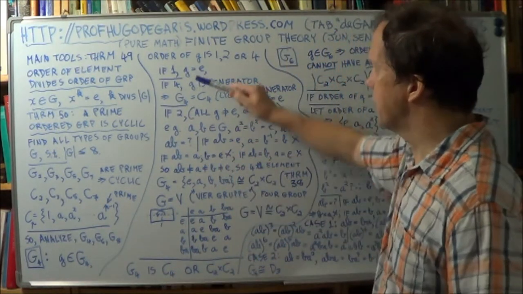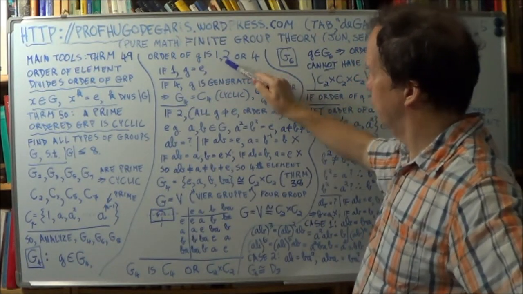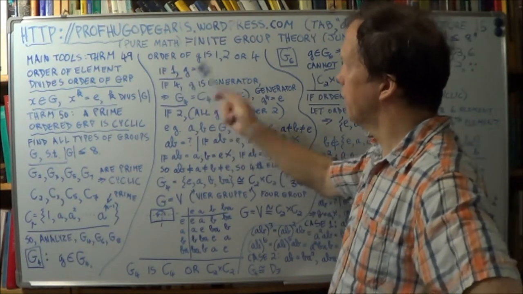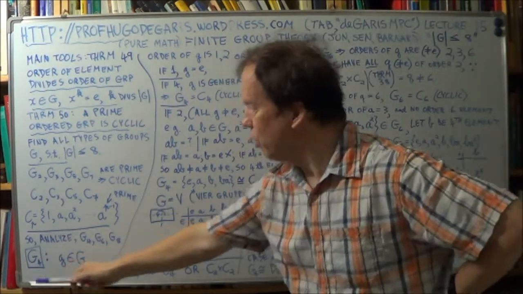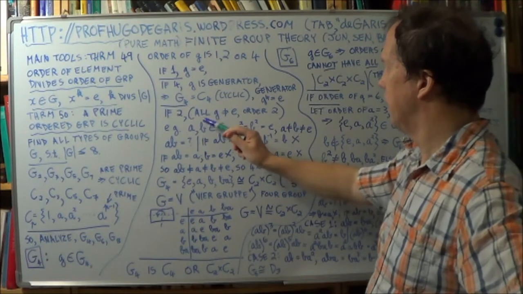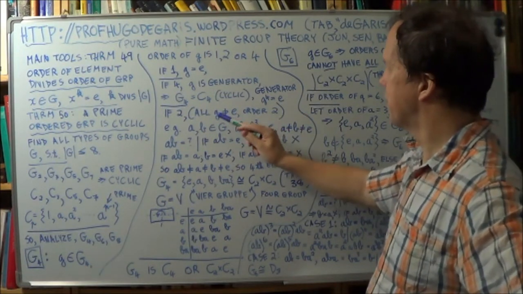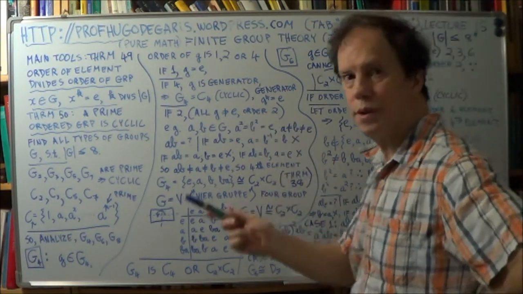Right? Okay, so let's take the other case, when G4 is now of order 2. Now let's take the case where all the elements are of order 2, except the unit. Of course, that's always the exception.